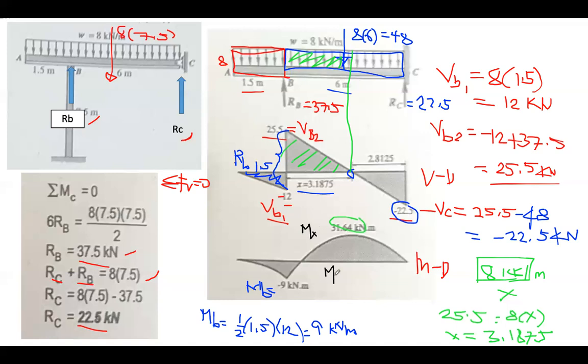So MX is just equal to this area, the triangle, 1/2 times 25.5 times 3.1875. So MX is just equal to 31.64.